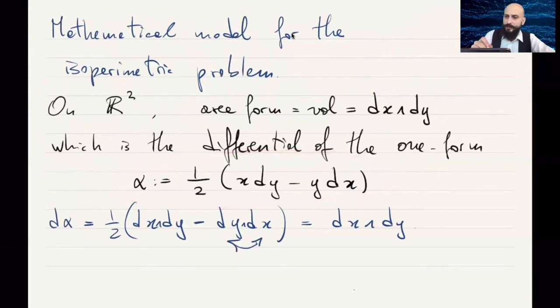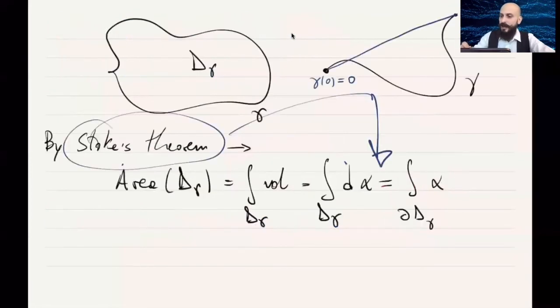In fact, one can also write alpha in the form 1/2 r^2 d theta in polar coordinates. So you see the component along r is 0, which means that integrating alpha along a radius starting from the origin is 0, which means that integrating alpha along gamma or along gamma together with the straight line is the same thing.